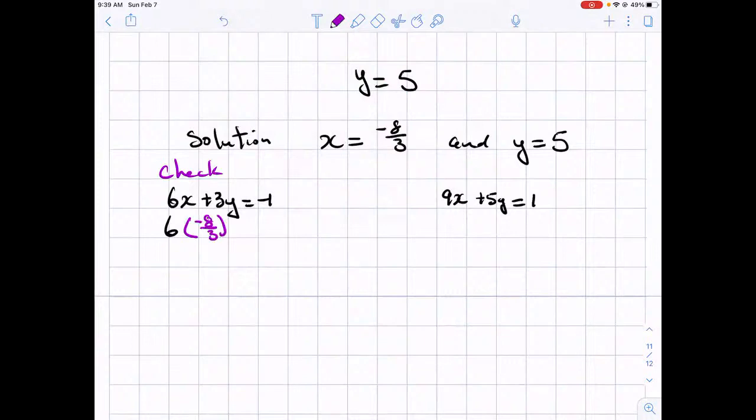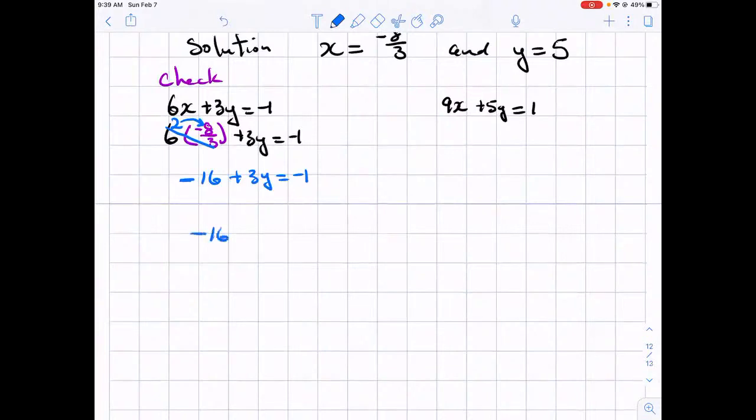We have built up our confidence where we can now do this. Plus 3y is equal to -1. Now you will notice here that the 6 and the 3 becomes a 2. 6 divided by 3. 2 times -8 is -16 plus 3y is equal to -1.